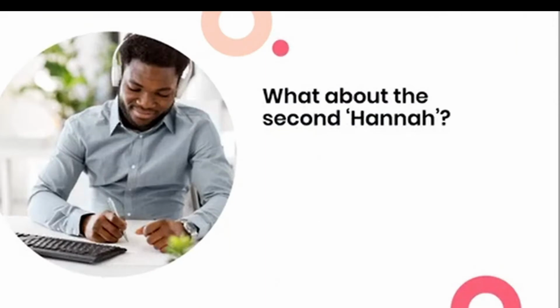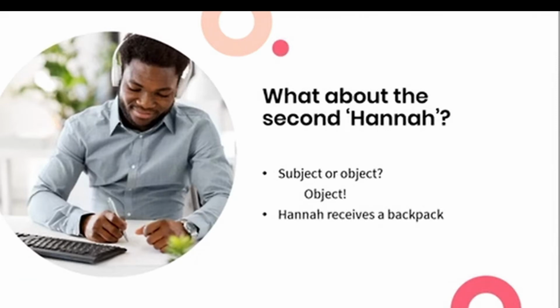What about the second Hannah? Is this in the subject or object position? Object. Hannah is receiving a backpack, even though she did buy it for herself. So, therefore, the second Hannah is in the object position.